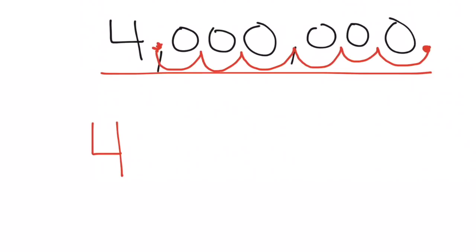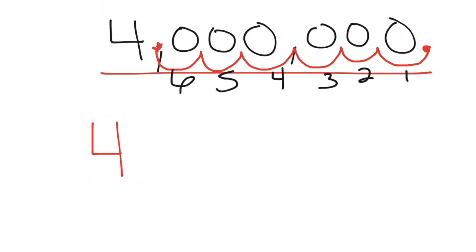Now, the number 4 is nowhere near as big as the number 4 million. So we got to think, how many times did I move the decimal? Well, we just counted, and we'll count again. 1, 2, 3, 4, 5, 6 times that I moved that decimal.